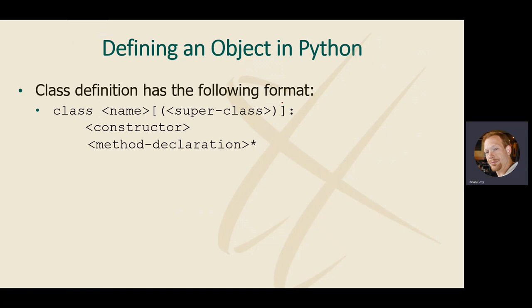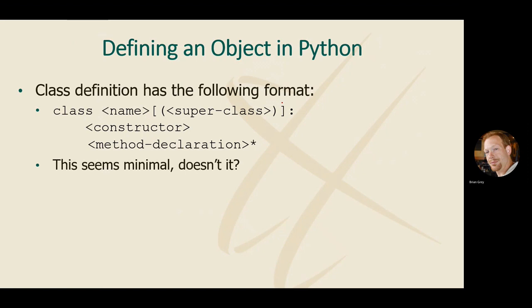So, class, name, optional superclass, colon, constructor, methods. It seems a little minimal. Classes are super, super, super important and super complex.